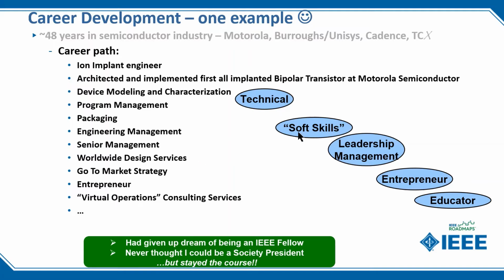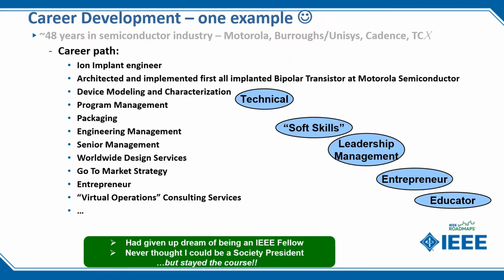Eventually I had to learn about expanding my technical skills. I was developing soft skills, leadership and management skills, and ended up running the worldwide design services, one of the design services groups at Cadence Design Services. And that's where I got a lot of my business experience. I left Cadence and became an entrepreneur, and as I mentioned, I've run 2 companies.